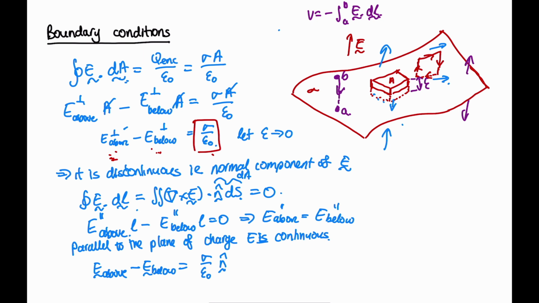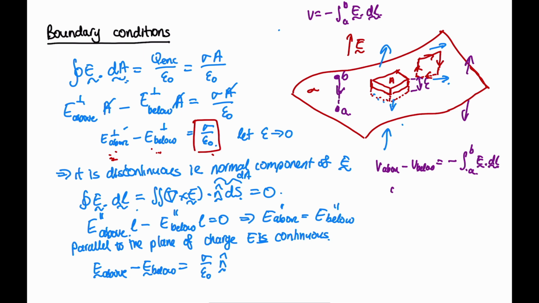And so this tells us that V above minus V below is equal to minus the integral from A to B of E dot dl.